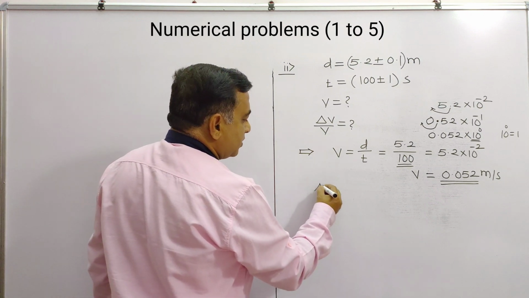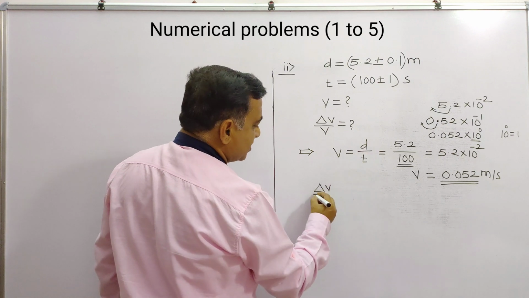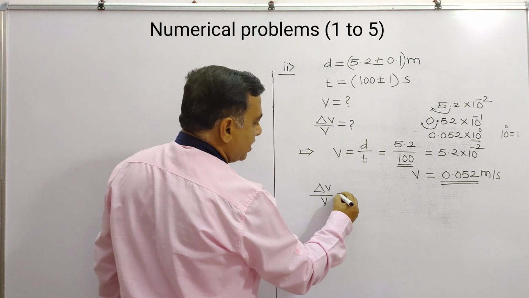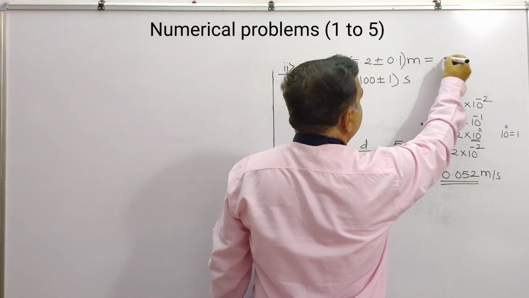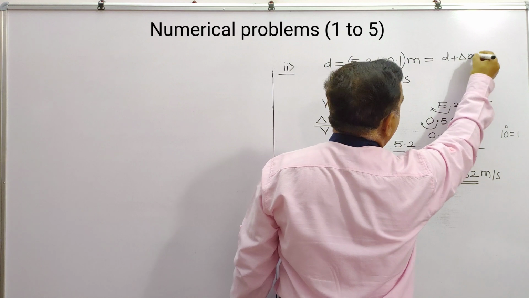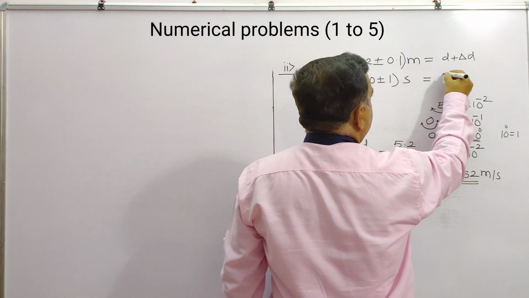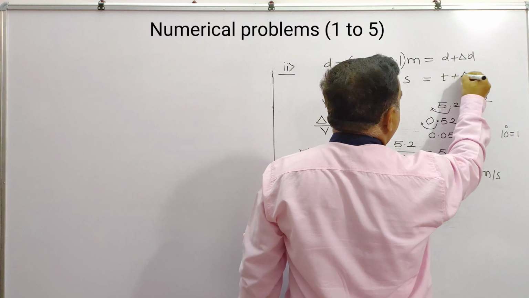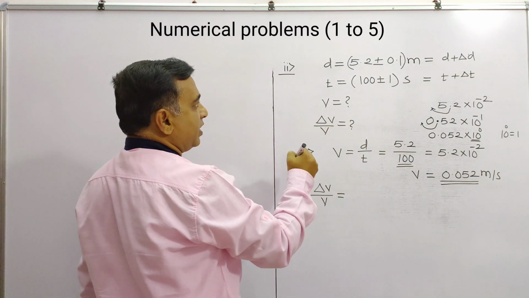What about the error? In case of error, we know that velocity is equal to distance upon time. So accordingly I am going to write this in the form of d plus delta d, and for time, t plus delta t. And we need to calculate this delta v upon v.